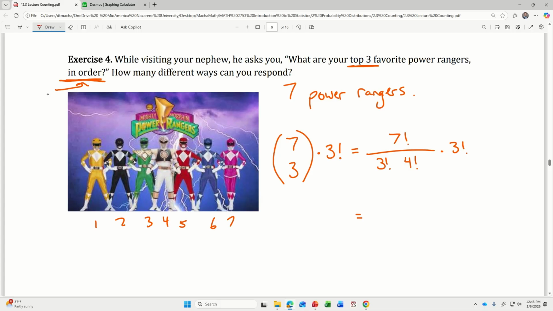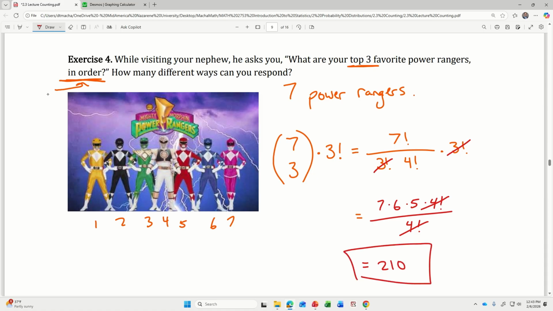In this type of partial permutation question, you always end up canceling out 1 factorial from the numerator and the same one from the denominator. So this becomes 7 factorial divided by 4 factorial. And then you cancel the 4 factorials, and this is 7 times 6 times 5. It's 210.